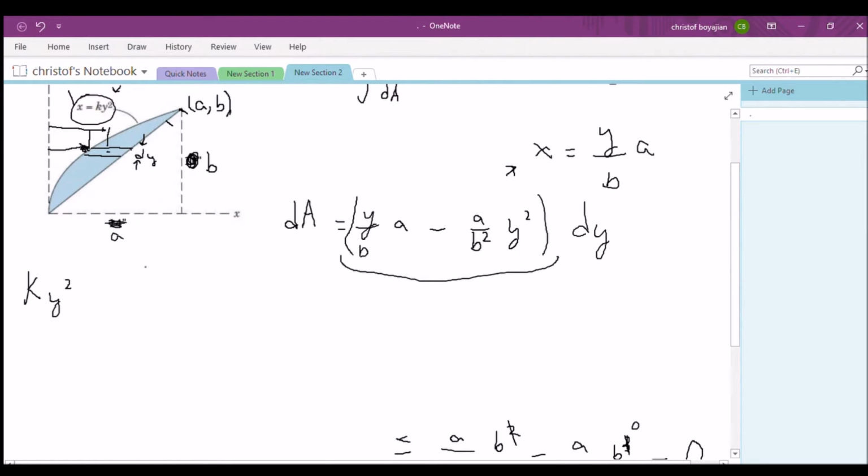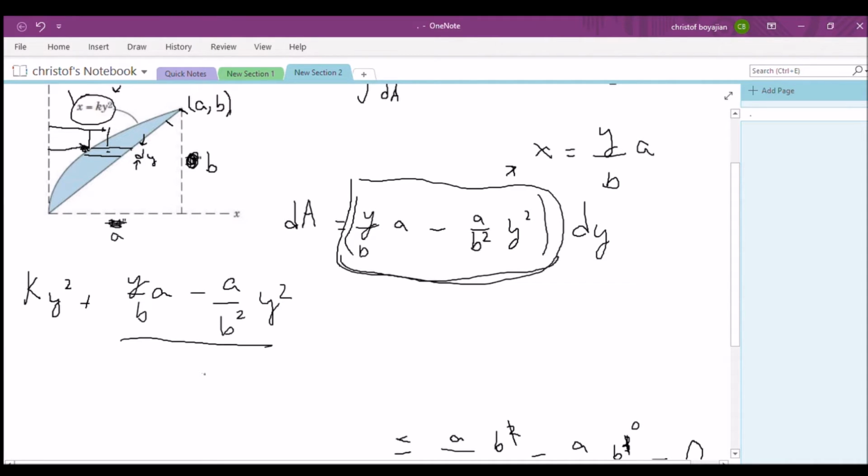So it's going to be ky squared plus half of this guy right here, right? So let's go ahead and write that out. So y over b, a minus a over b squared times y squared. All that is divided by 2. Okay, and this should be our x bar.